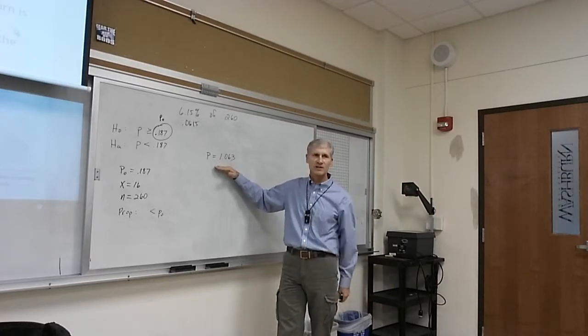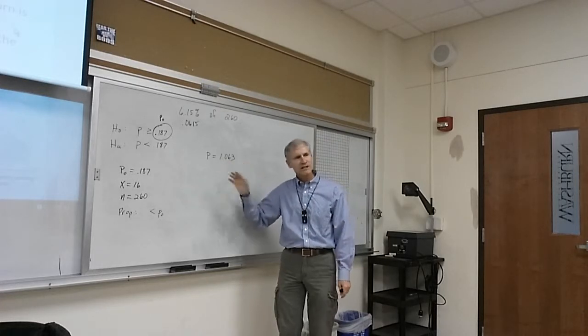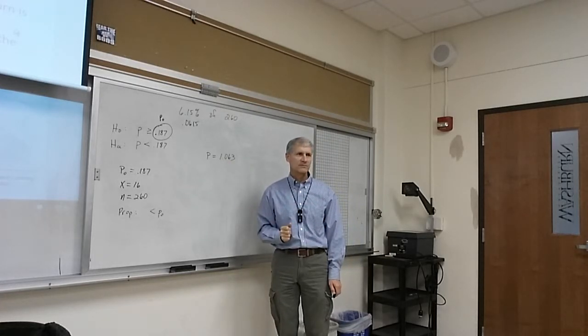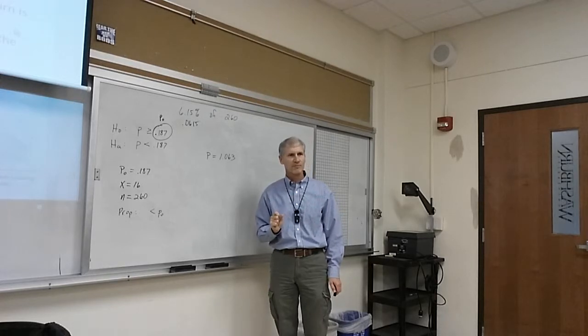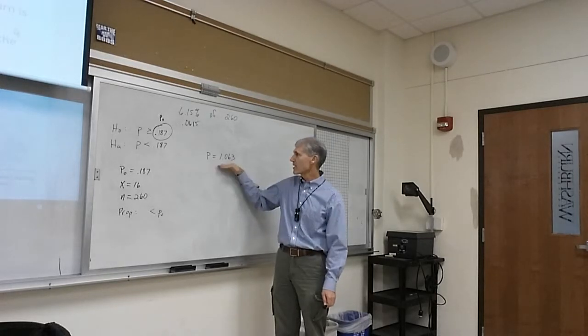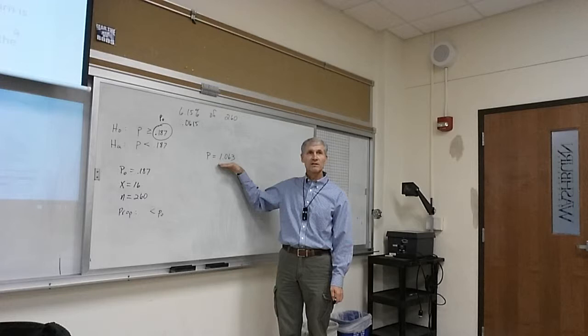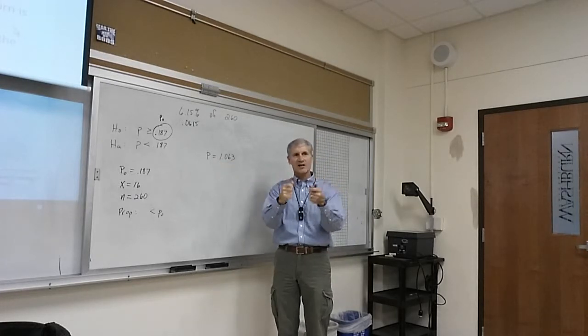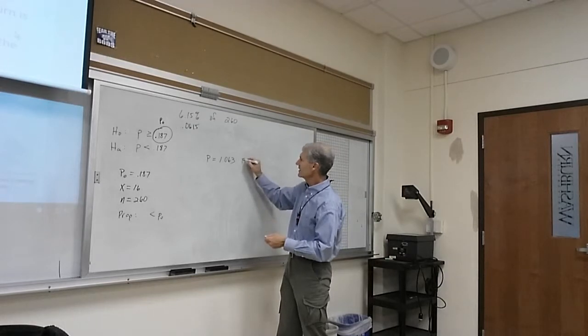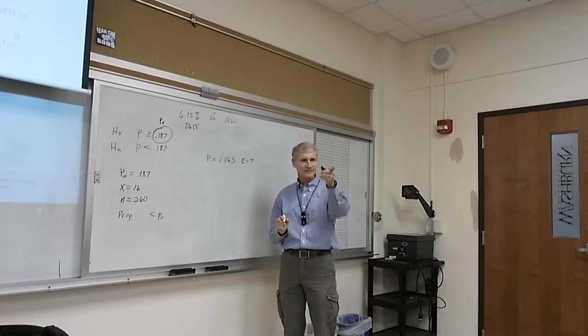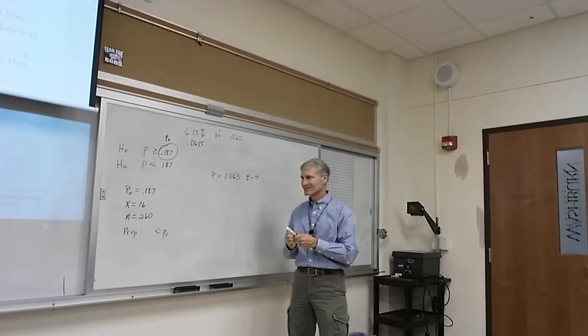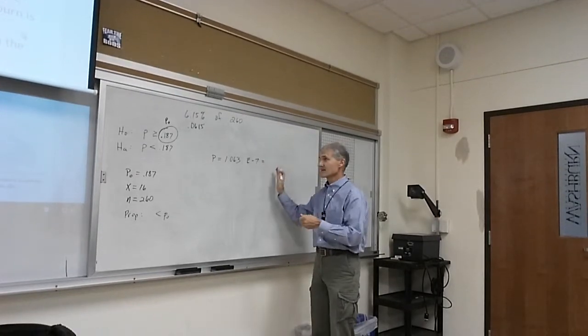I don't have sufficient evidence to support the claim. But remember, what is a p-value? What does the p in p-value stand for? Probability. Can a probability be bigger than 1? No. So, oh, I did something wrong. You go back and look at your calculator and you see out here, E negative 7. So what is that as a decimal?